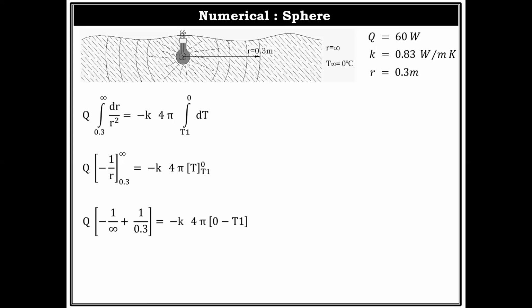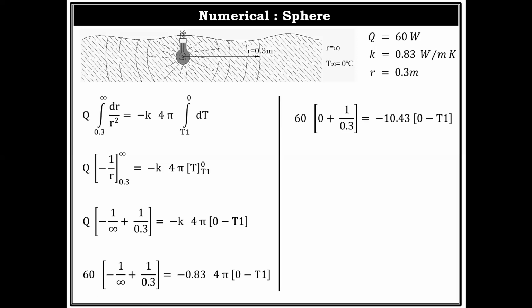Simplifying, Q in bracket minus 1 upon infinity plus, with a plus sign because of minus of minus 1 upon 0.3, is equal to minus K 4 pi times 0 minus T1. Again simplifying, Q is 60 watt, in bracket 1 upon infinity plus 1 upon 0.3 is equal to minus 0.83, that is K, times 4 pi times 0 minus T1.